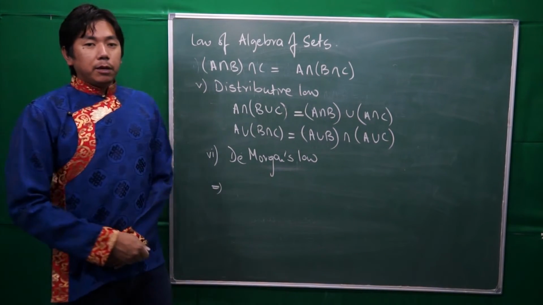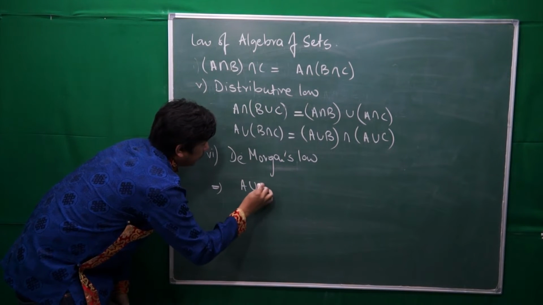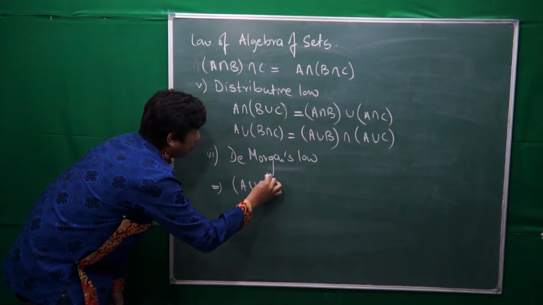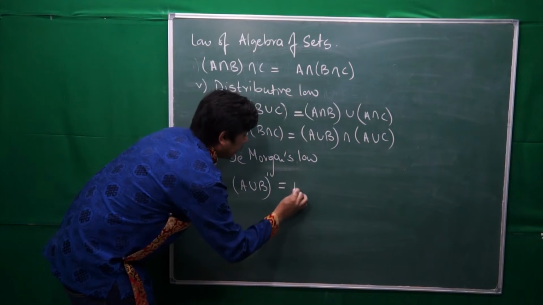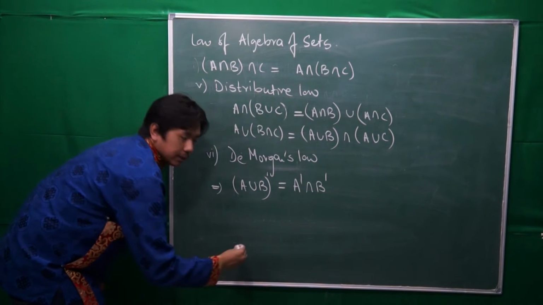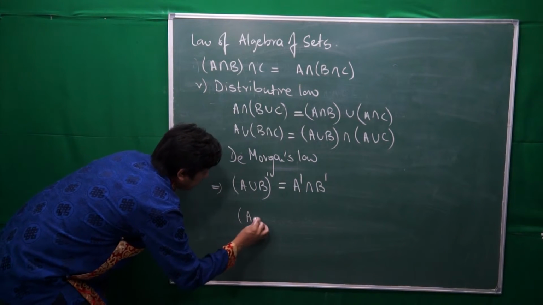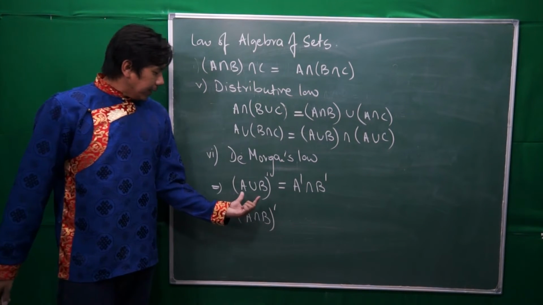So De Morgan's law states that A union B whole complement is equal to A complement intersection B complement. Similarly, for intersection, A intersection B whole complement. Now in this case, what is happening?